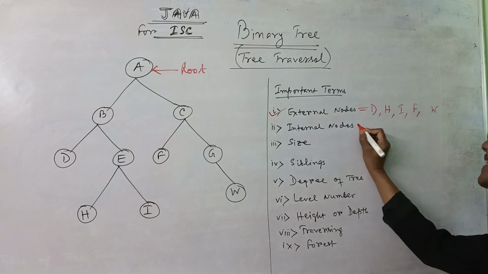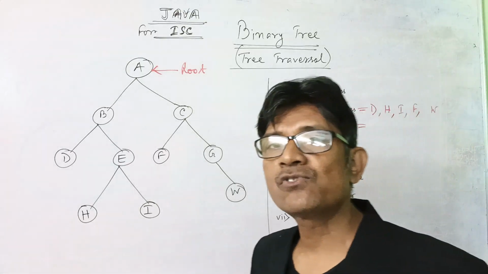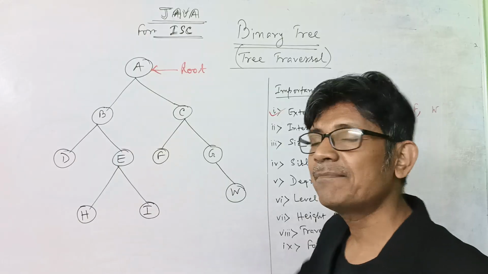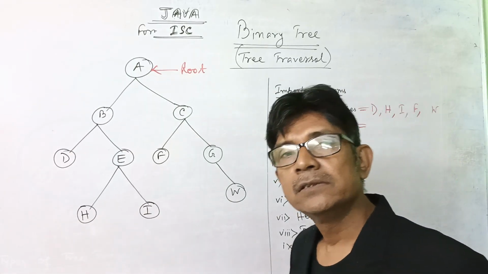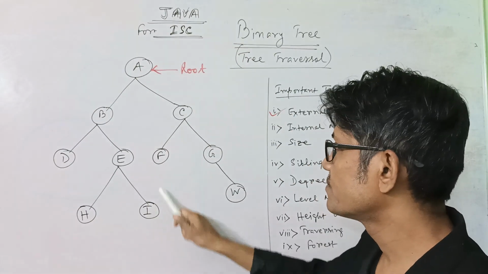Let us see internal nodes. Which are internal nodes? Very very important: except the root and except the external nodes, the other nodes are called internal nodes. These are external nodes.